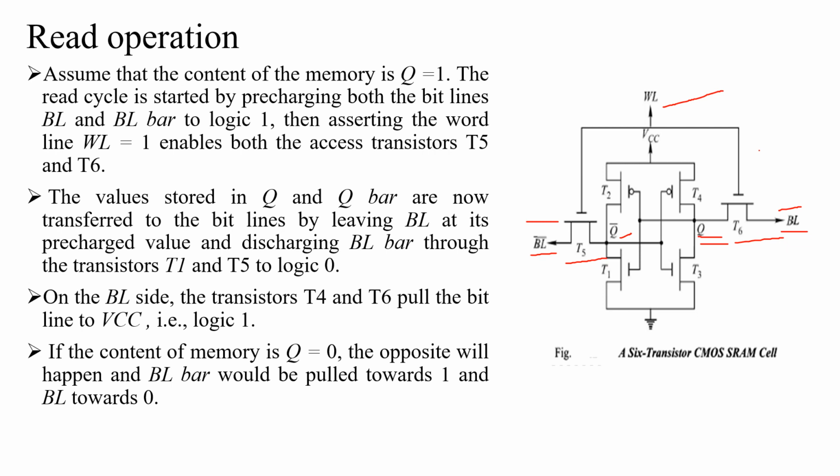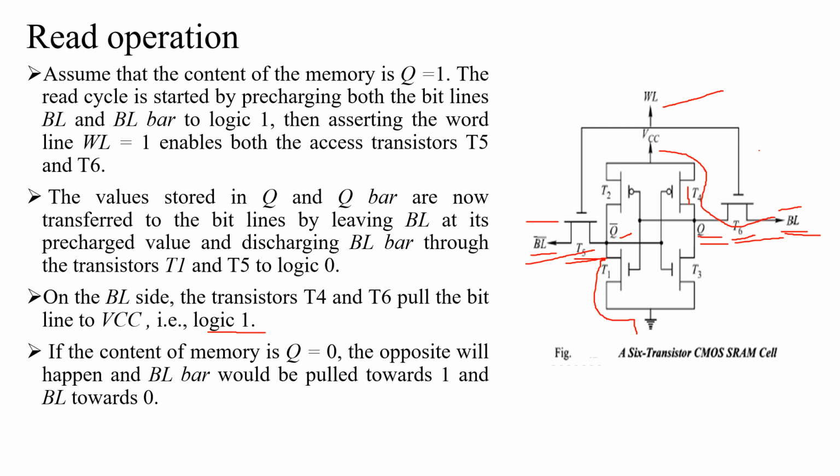The transfer happens by leaving BL at its pre-charged value and discharging BL bar through the transistors T5 and T1 to ground. So BL bar is connected to logic 0. On the BL side, it is connected to VCC through transistors T6 and T4, so BL will be at logic 1.